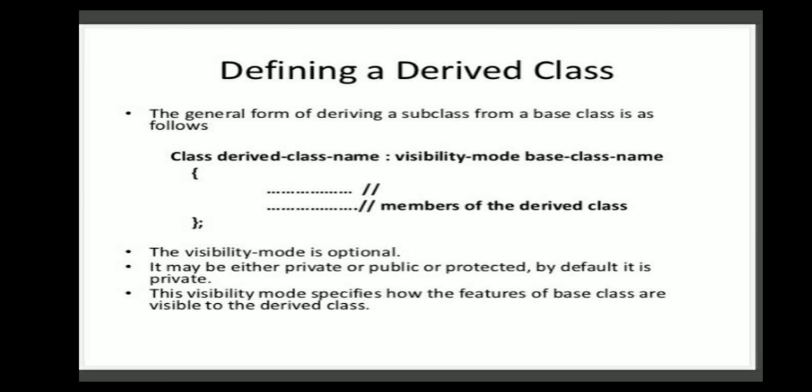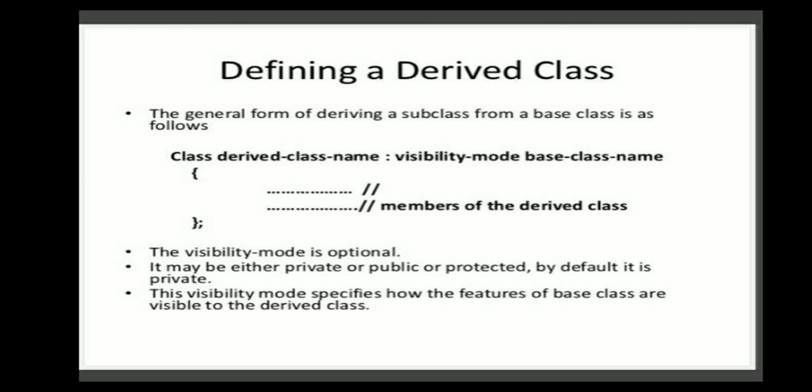Next, we'll see how to define a derived class. The general form of deriving a subclass from a base class is as follows. First, the keyword class, then derived class name, colon, visibility mode. Visibility mode means here private, public or protected, then followed by base class name.